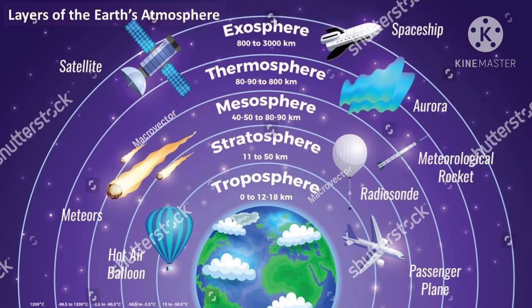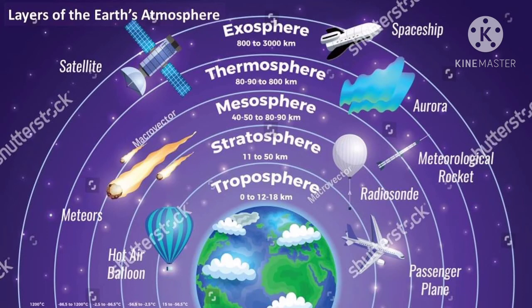The first layer is the troposphere. It starts at the Earth's surface, is the most dense, and weather occurs in this layer. In the stratosphere, many jet aircraft fly in this layer because it is stable. Also, the ozone layer, which absorbs and scatters the solar ultraviolet radiation, occurs in this layer.